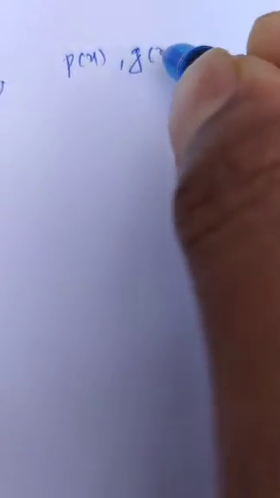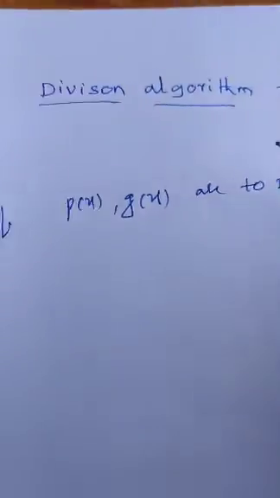For example, if p of x, g of x are two polynomials, I am taking two polynomials. Here for the division of numbers we need two numbers, no? In a similar way, in the division of polynomials also we need two polynomials.